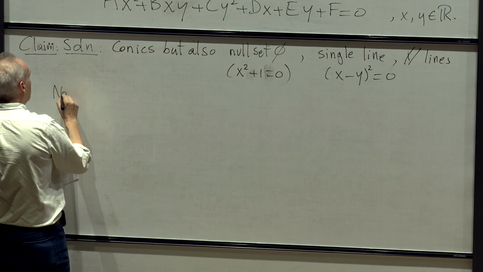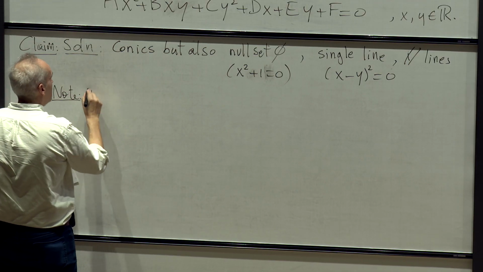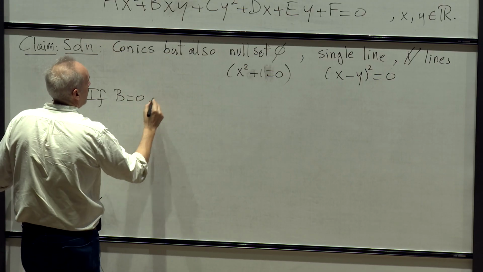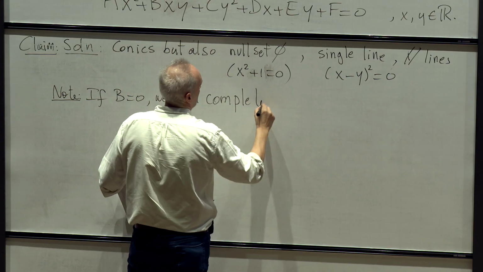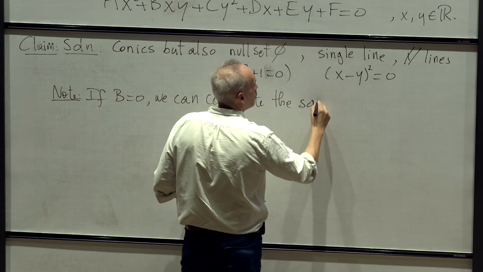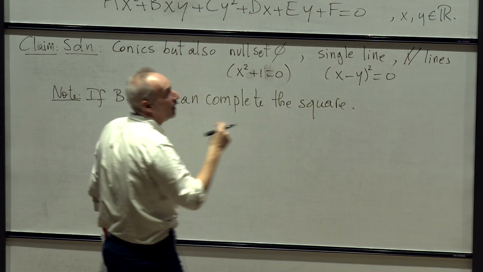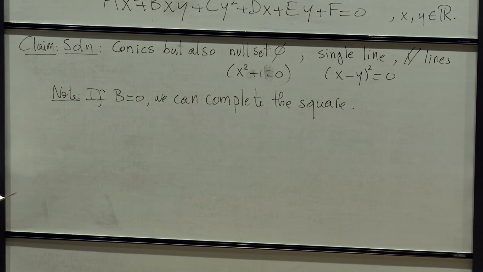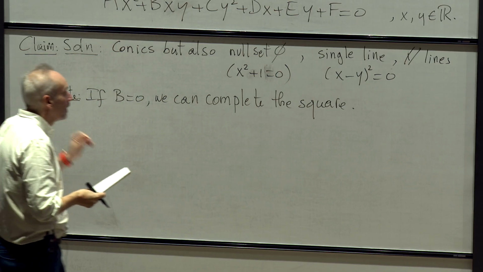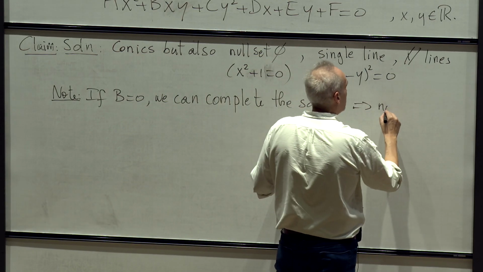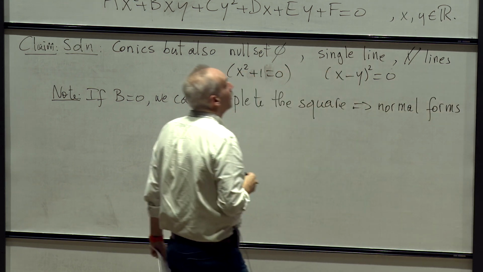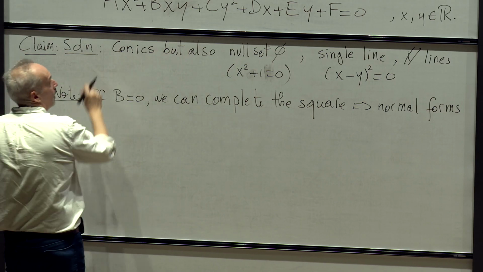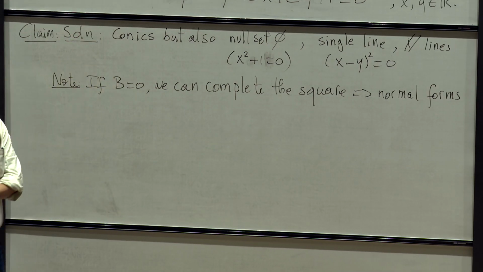First observation is that if b equals 0, we can complete the square and map that to one of the forms that we had before. So that case is easy, and you obtain all the normal forms. So what do we do in general when b is not 0?